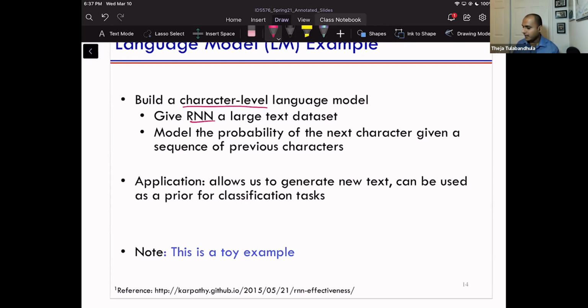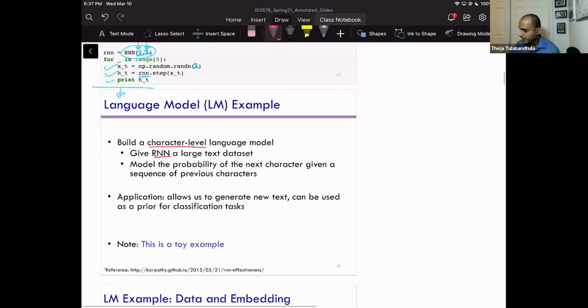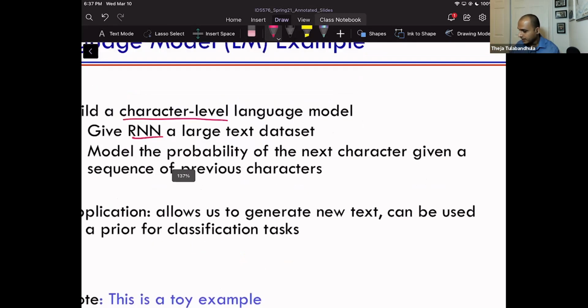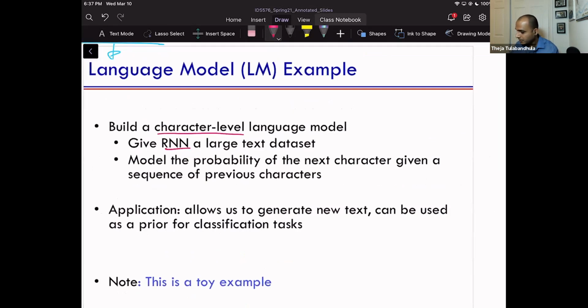The model is basically producing the probability of the next character or the probability of the next word, given the sequence of previous words or previous characters. If the model does this, then it's called a language model. So given previous characters or words, if you can predict the probability of the next word or character, that's essentially a language model.